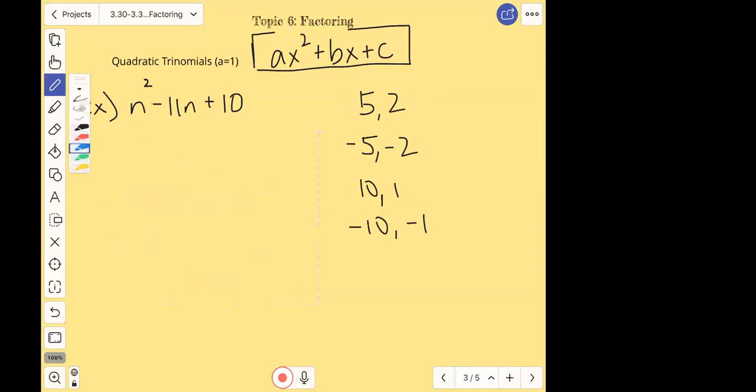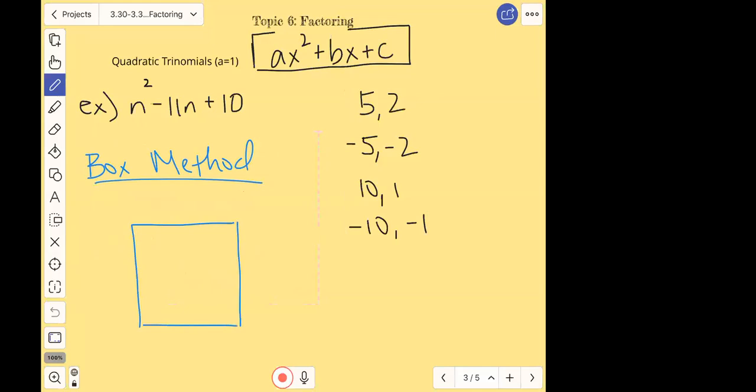All right, so let's try the box method, see if it works, if you like it, because it works for any quadratic trinomial. All right, so you're going to draw a box, and it's going to have 4 parts in it, like a window. And then what goes in there?